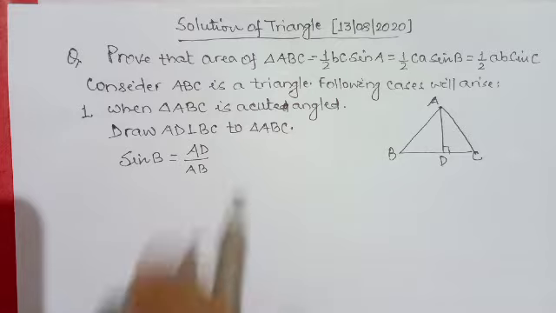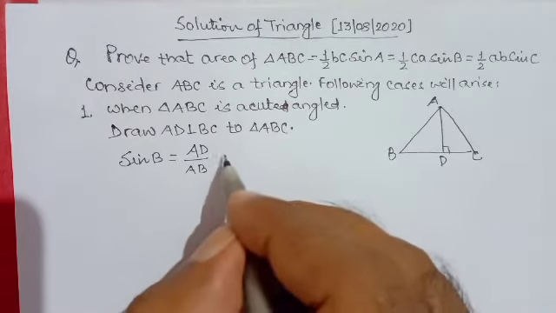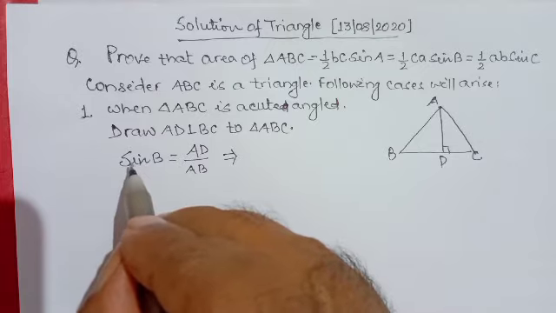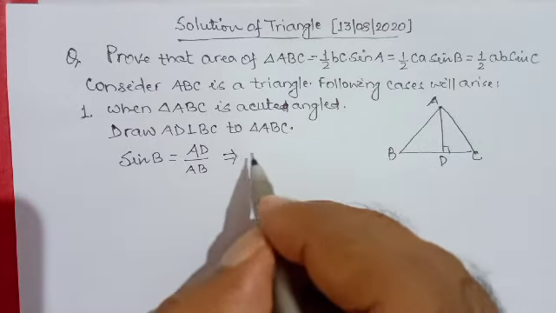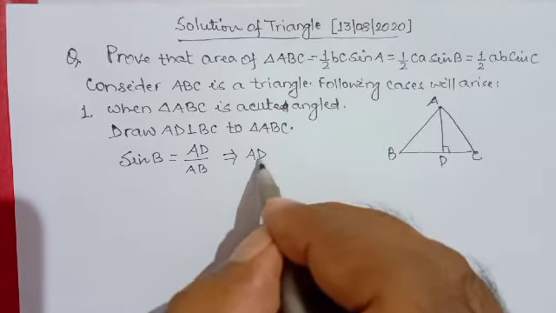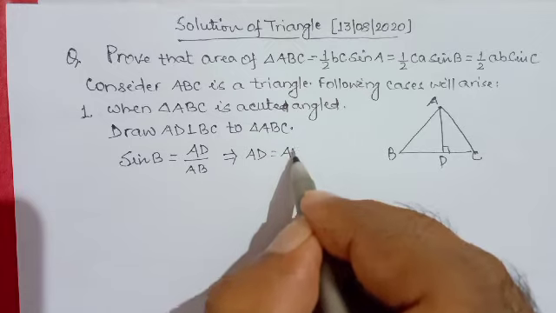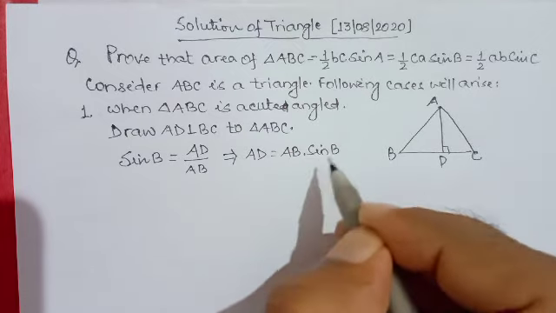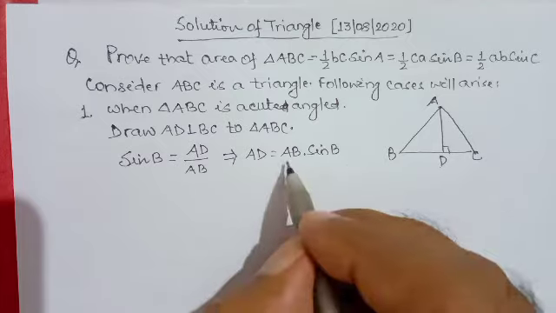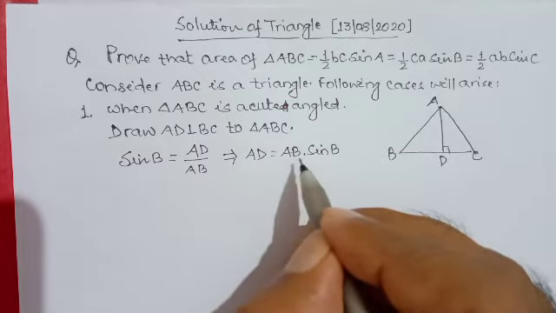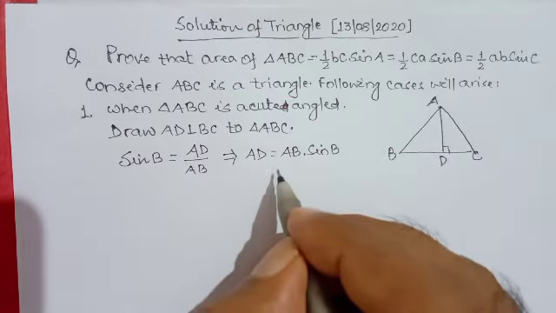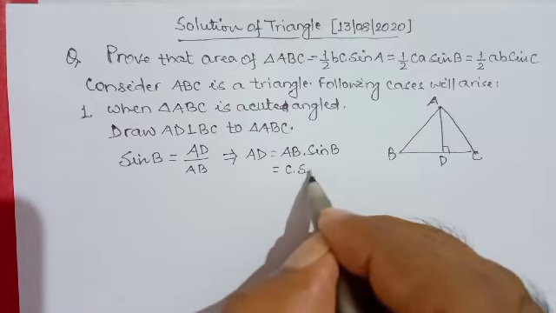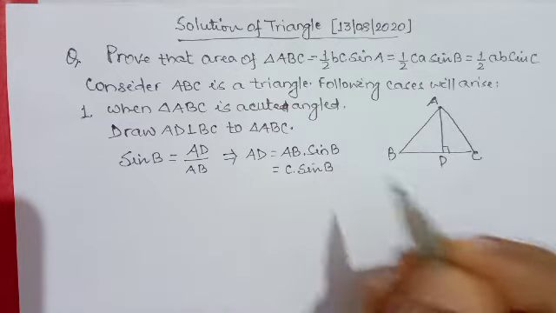After cross multiplication, AD is equal to AB into sin B, and side AB is represented by small c, so AD can be written as c sin B.